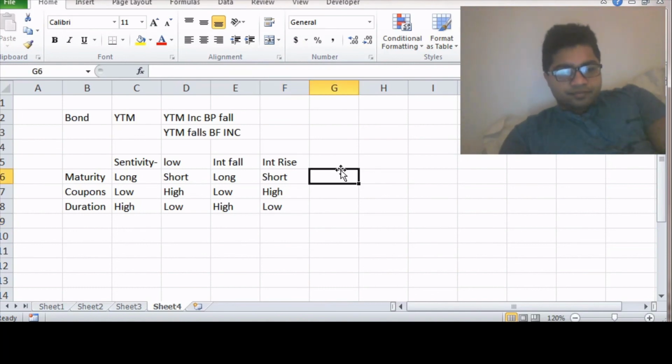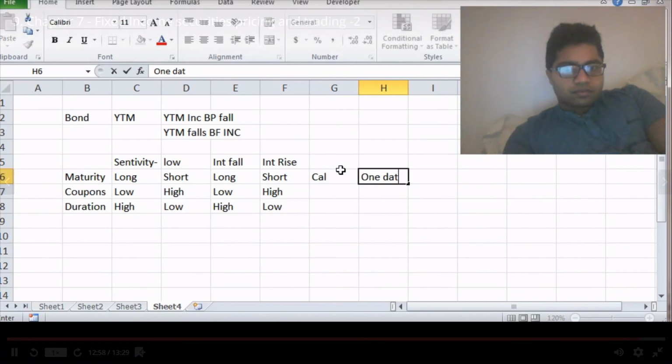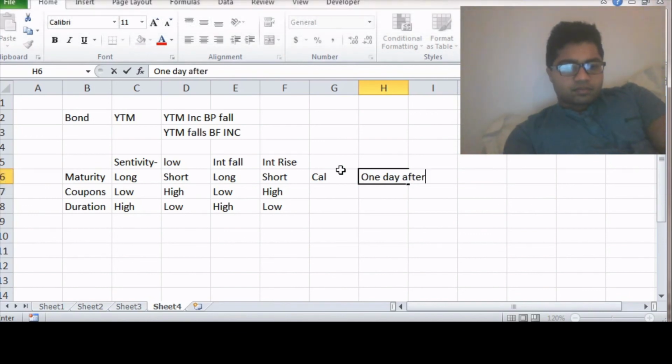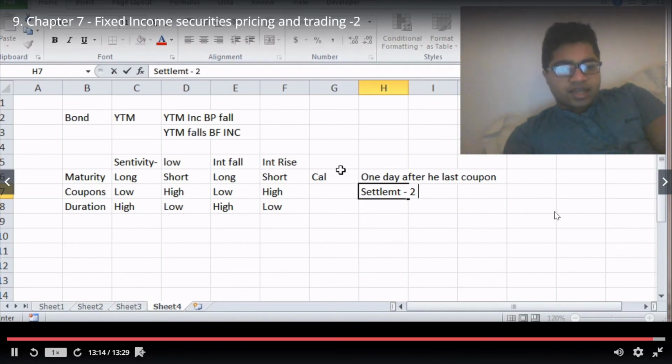Important thing: always calculate the number of days from 1 day after the last coupon to the settlement date. So if the settlement date is not given, it is 2 days after the buying date.